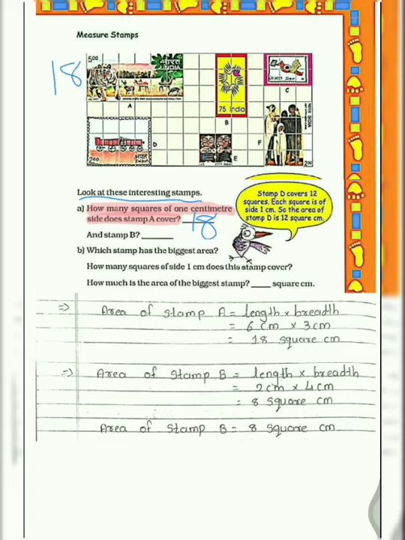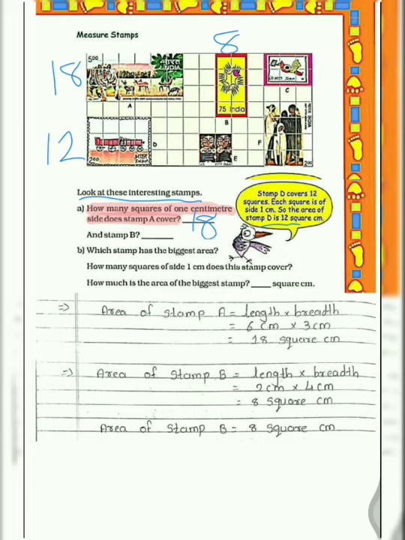For D1 it is given that 12 boxes are occupied. For B1 we will count it 1, 2, 3, 4, 5, 6, 7, 8. So for stamp B there are 8 boxes.